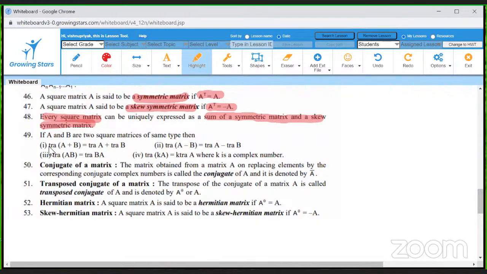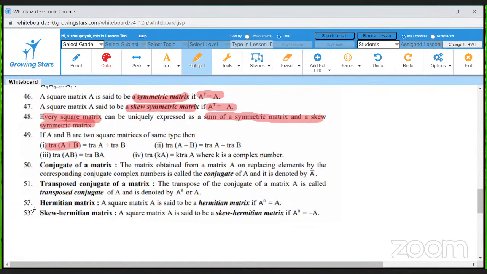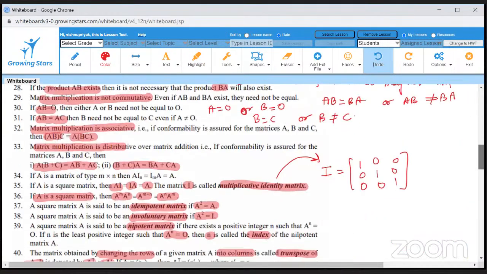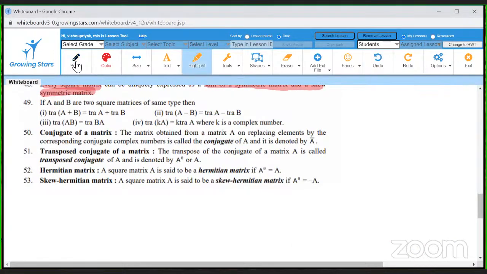Then transpose of A plus B, this is not transpose, this is trace. Transpose is already given to you. Okay, the next is trace. What do you mean by trace? I told you already.